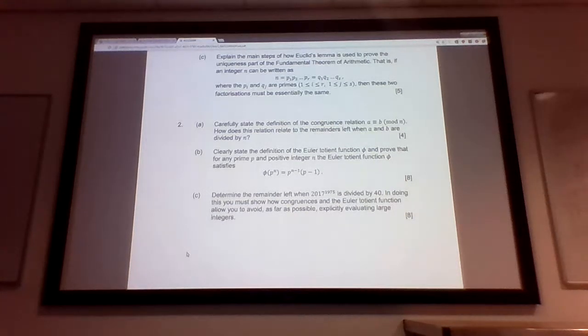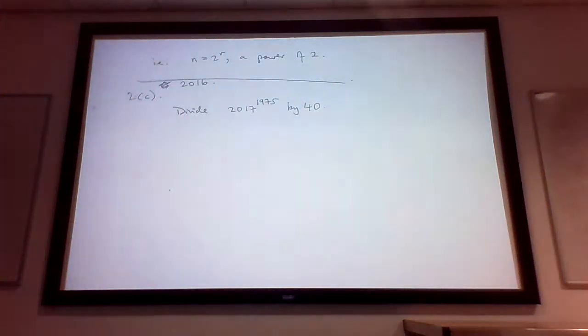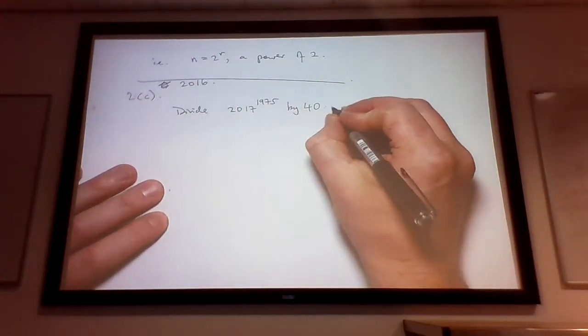What's the remainder when we divide 2017 to the power of 1975 by 40? So divide 2017 to the 1975 by 40. What's the remainder?